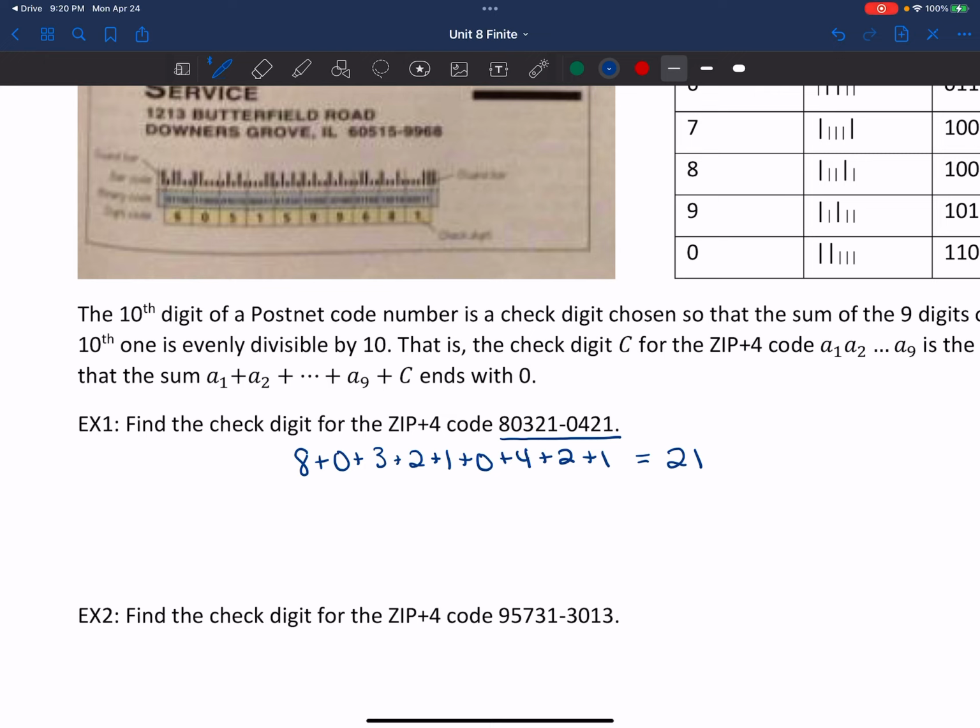I'm just going to grab my calculator to make sure that I have the right information. So 8 plus 3 plus 2 plus 1 plus 4 plus 2 plus 1. Yep, I got 21. All right, so 21 plus my check digit has to be a number divisible by 10, or it ends in 0. The next highest number from 21 that ends in a 0 would be 30. And so my check digit is actually going to be the number 9. So C is equal to 9 in this case.